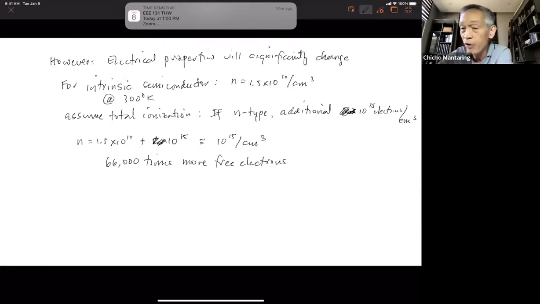The value of your electron concentration now will be 66,000 times the original value. So this is going to create a vast change in the conductivity of your material. And that is what makes semiconductors great. By just adding a few impurities, you are able to greatly enhance the properties of your semiconductor, and this will not change its physical properties. Okay. Are there any questions?